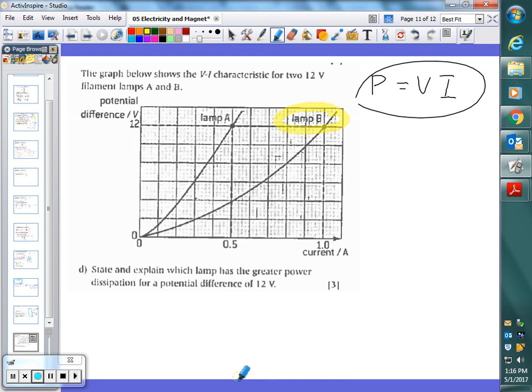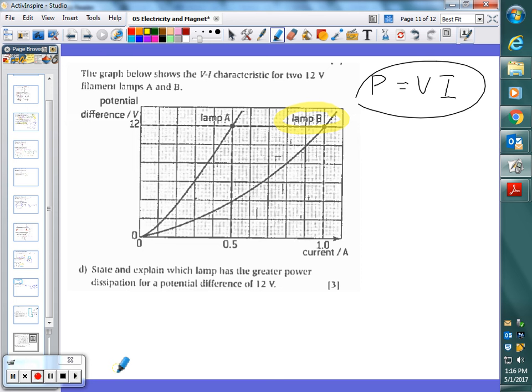If we're talking about a light bulb, this is a higher wattage light bulb, right? Higher wattage light bulbs look like what? They're brighter because they're converting more potential energy from the voltage source into light energy at the lamp, right? So in essence, lamp B is a higher wattage light bulb than lamp A, okay?